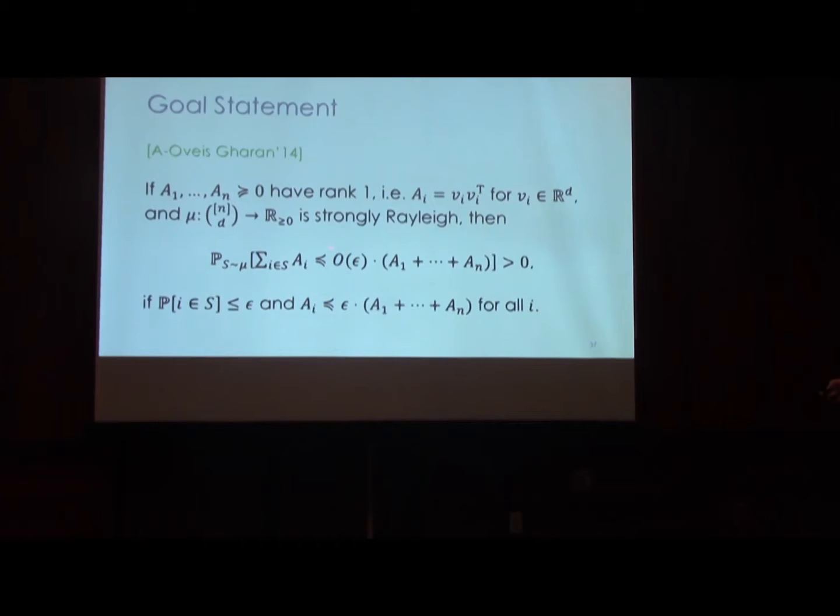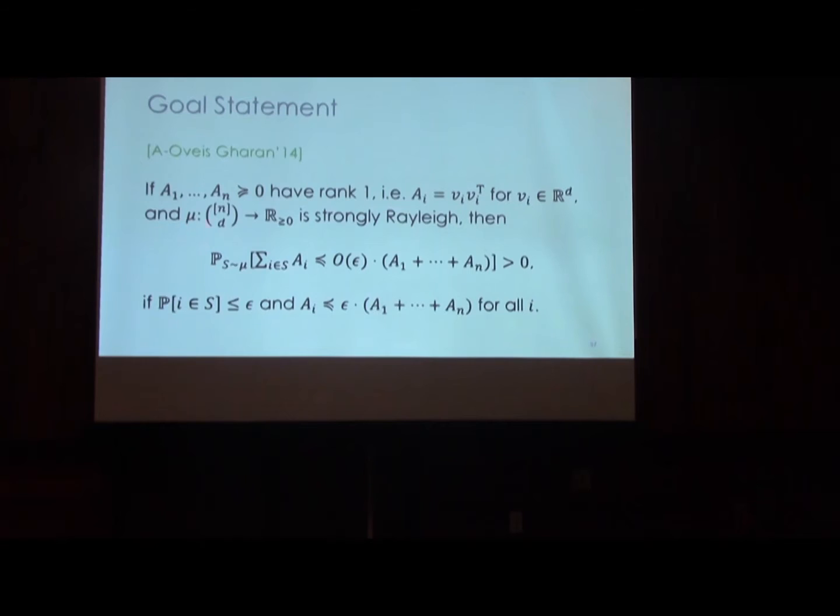So here is the statement that we are going to prove. It's long, but it's not that hard to understand. Let's say that you have a bunch of rank 1 PSD matrices, A1 through An. You can also write them in their Cholesky decomposition as outer products of vectors.